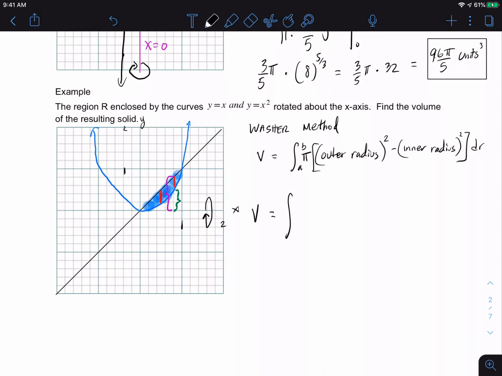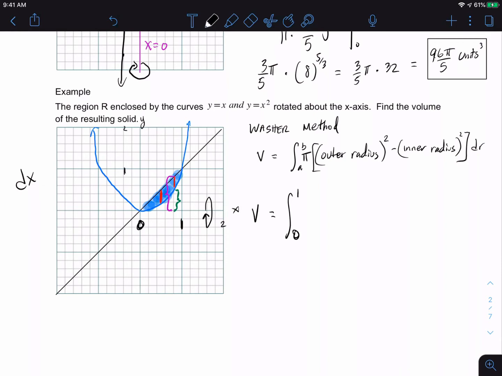So is this going to be a dx or a dy problem? Yeah, it's a dx. And so the bounds have to be in terms of x, right? So my lower bound is this first intersection point here, which is 0. And my upper bound is going to be this 1, because that's the right side.